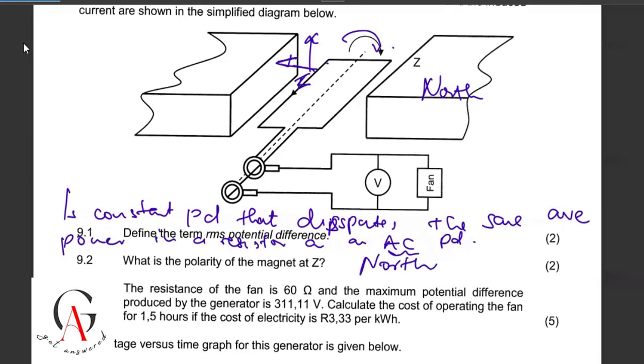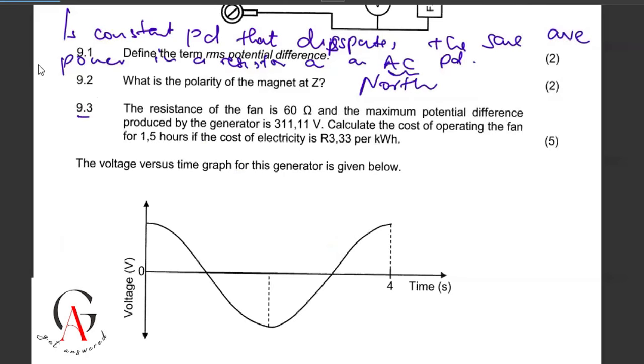All right, and the 9.3, the resistance of a fan is 60 ohms. The maximum potential difference is 311,11 V. Calculate the cost of operating the fan for 1.5 hours if the cost is 3,33. Okay, so let's find the VRMS, which is going to be Vmax over square root of 2.